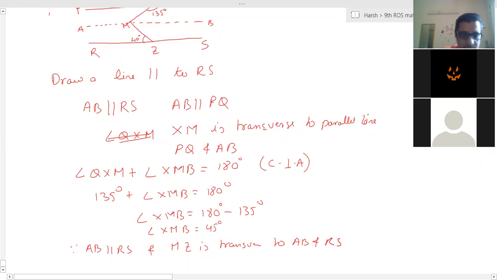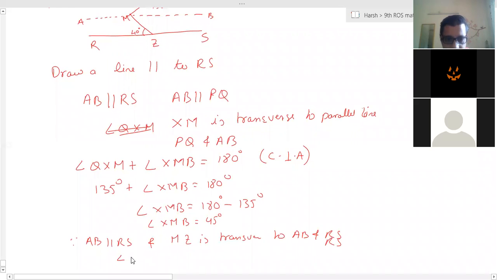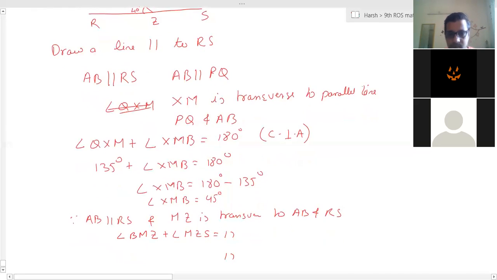Therefore, angle BMZ plus angle MZS equals 180 degrees. Now BMZ is what? You have to find BMZ. BMZ plus MZS is what? 40 degrees.